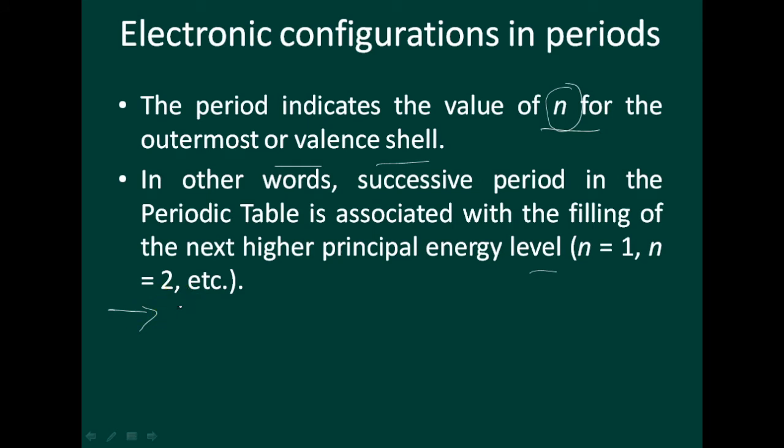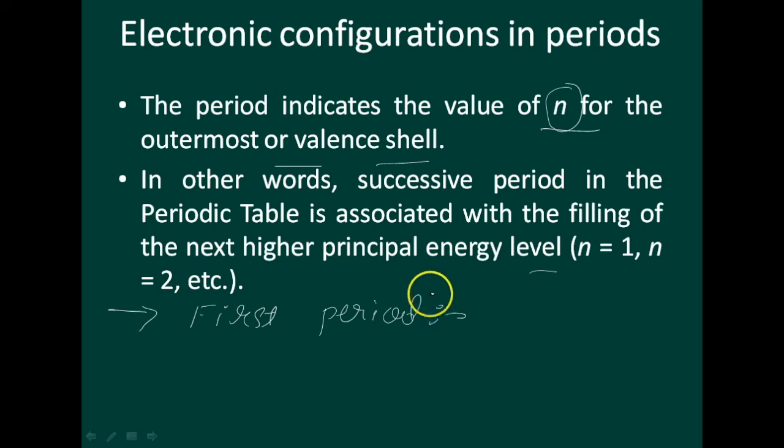It can be readily seen that the number of elements in each period is twice the number of atomic orbitals available in the energy level that is being filled. First, consider the first period. You should know how to write the electronic configuration, then only can you understand this concept.